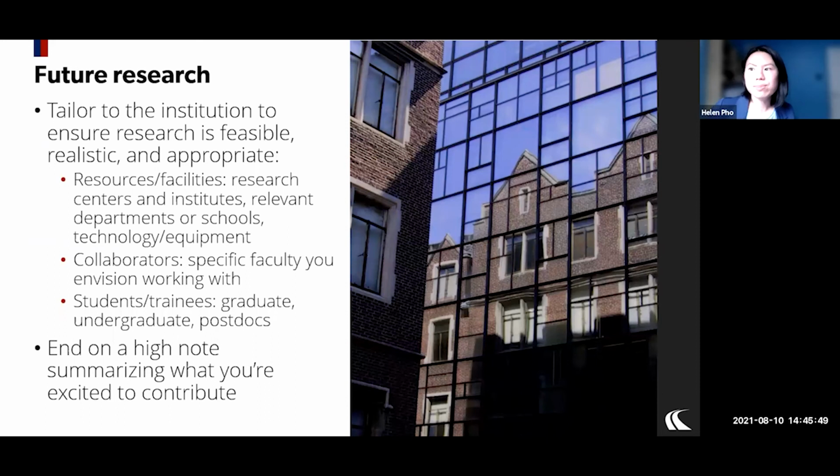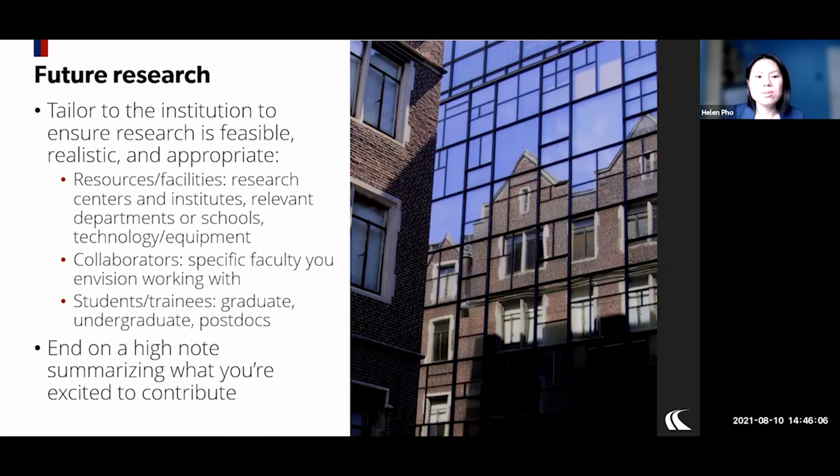This last part of talking about your future research, as I mentioned earlier, should be tailored to the institution as much as possible. You want to tailor it so that your research is feasible, realistic, and appropriate.